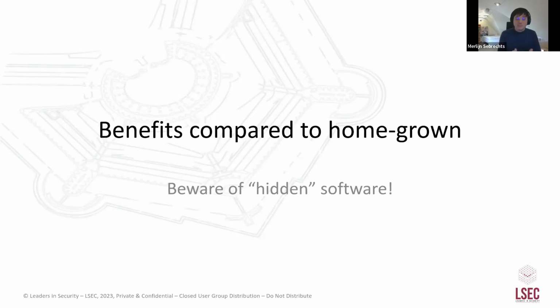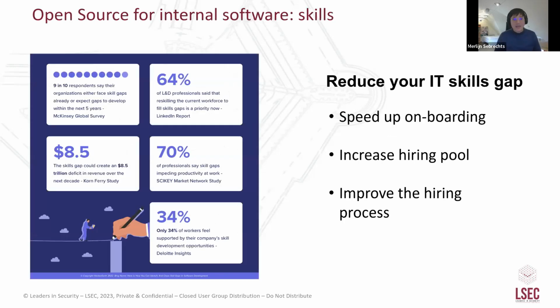At a certain point, these automation scripts become so complex that they are basically an alternative to Kubernetes. And so a big advantage of switching to open source cloud technologies, compared to writing this software in-house, is that it can really help you reduce your IT skills gap.